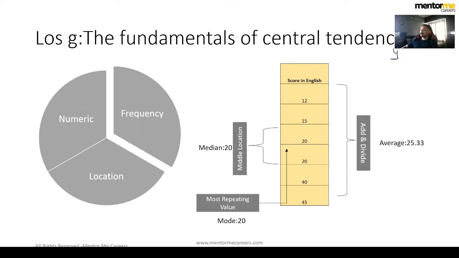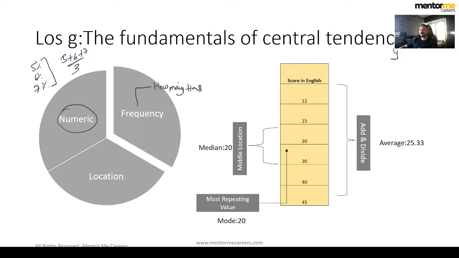Either you could calculate it numerically, focusing on the value itself. So if I say 5%, 6%, and 7%, then one way to find out what usually happens is to just do 5 plus 6 plus 7 divided by 3. But that's only the numerical way. The other way is to find how many times each value occurs, just like the histogram that we covered, right?